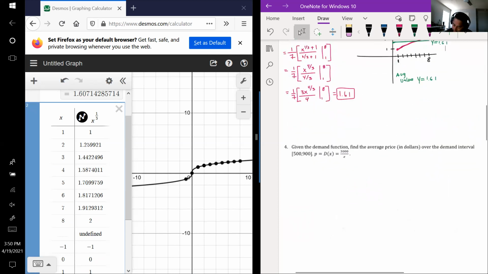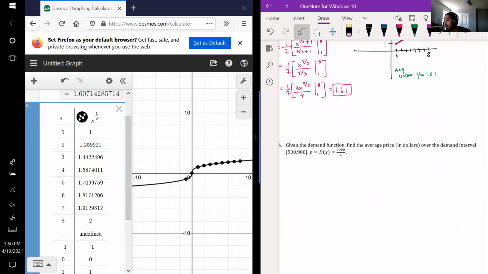All right, 4. Given the demand function, find the average price in dollars over the demand interval 500 to 900 for the function 3000 over x. Okay, cool.